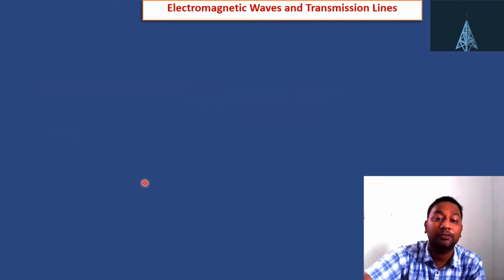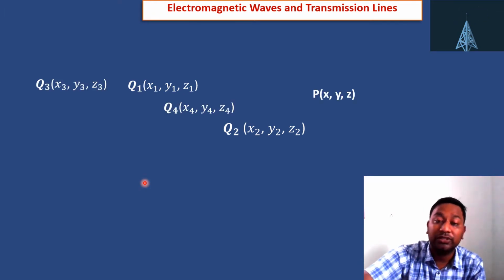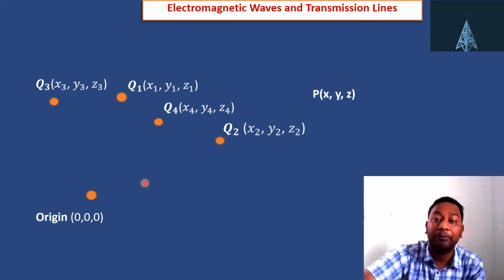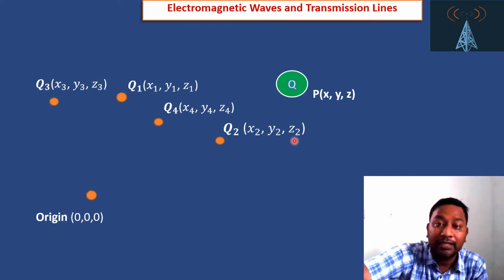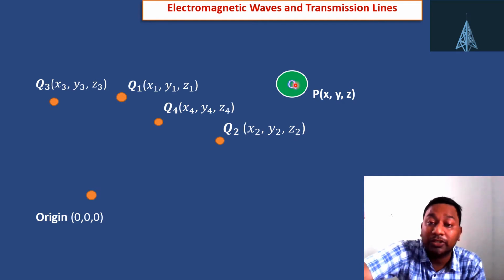Now, if multiple charges are there, Q1, Q2, Q3 and Q4, what is the electric field intensity at a particular point P? Here Q will become 1.